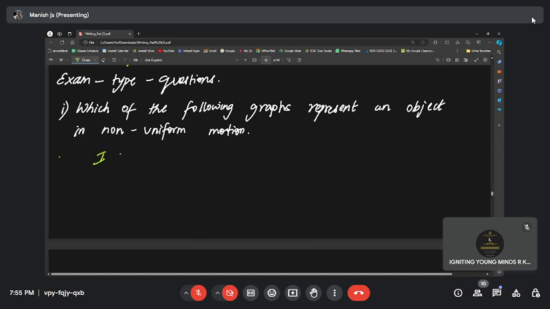So the first figure is given by the Roman numeral 1. This is the second question figure. This is the third question figure. I'll draw it. And this is the fourth one. Different figures have different meanings. The first one is a position time graph.